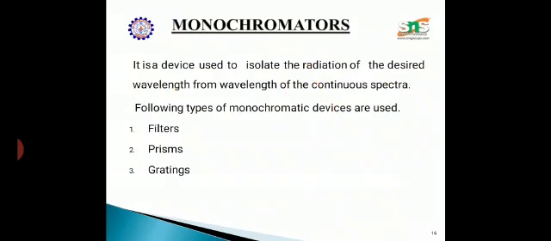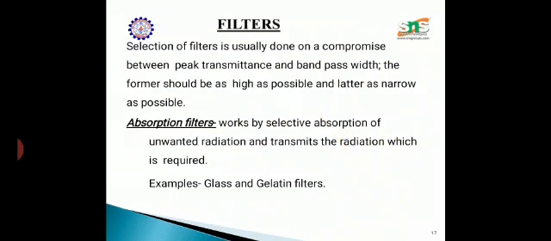Then monochromators. We have monochromators like filters, prisms, and gratings. The polychromatic radiation is filtered and converted into monochromatic radiation. So the continuous spectrum of wavelengths can be filtered and the required wavelength can be transmitted. Filters have selective absorption of unwanted radiation.